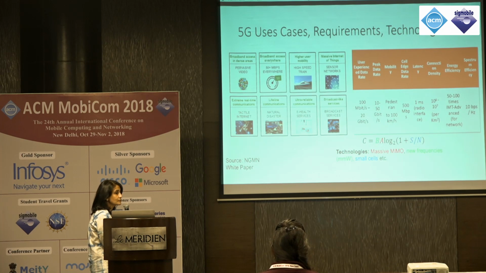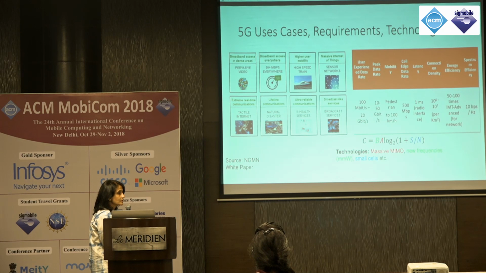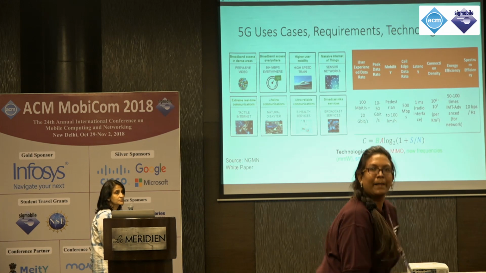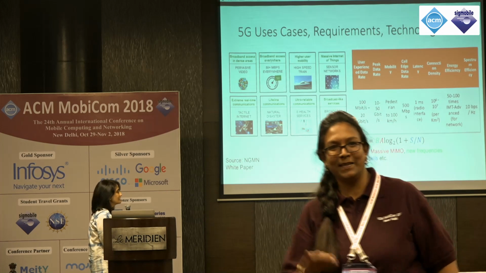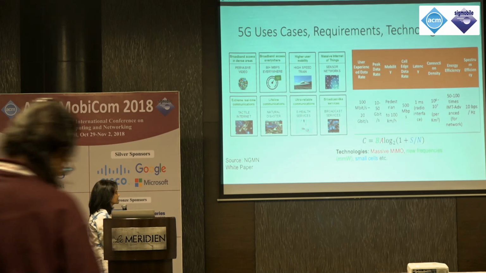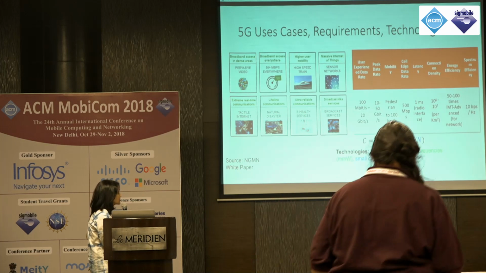Connection densities are going to go up, and this is more for the smart city, Internet of Things kind of applications. Energy efficiency is not something we talk about a lot, but that is also one of the performance metrics for 5G to hit. And then spectrum efficiency, which is the one as communication network researchers we're more familiar with, and there we want to get to 10 bits per second per hertz.